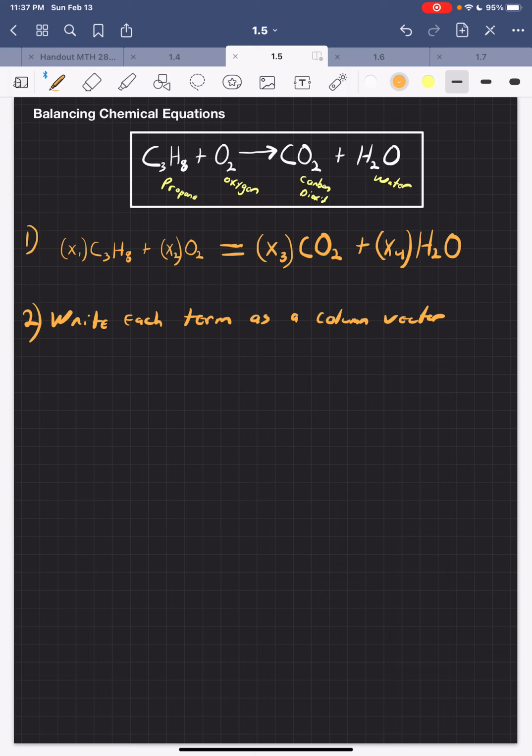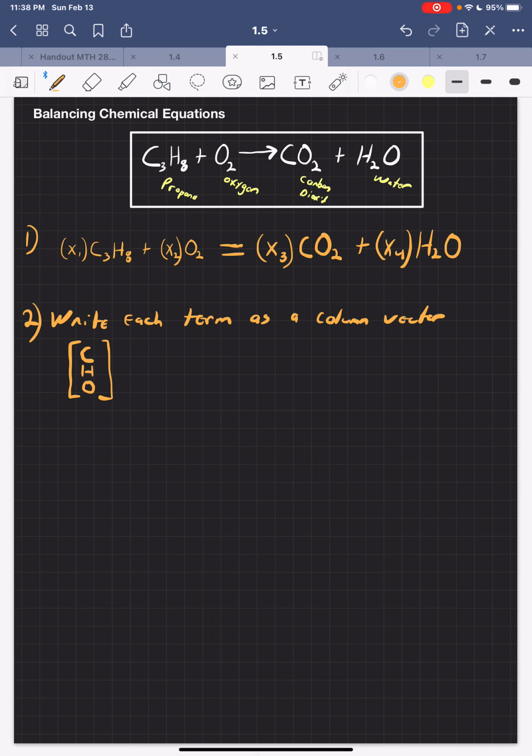Now, the way I'm going to set it up is, I'm looking at my reaction here, and it appears that my chemical equation is dealing with carbon atoms, hydrogen atoms, and oxygen atoms, right? So the column vector is going to look something like carbon atoms, hydrogen atoms, oxygen atoms.